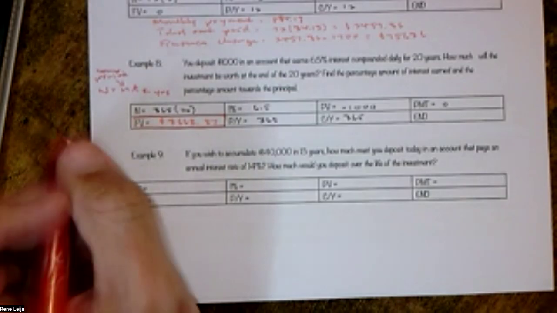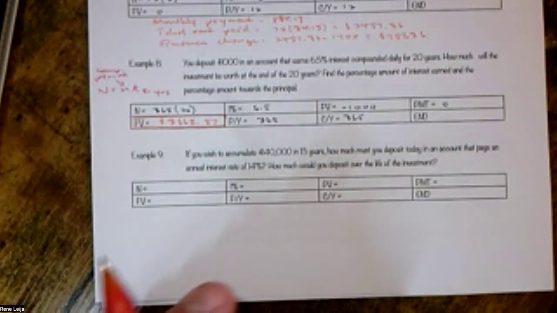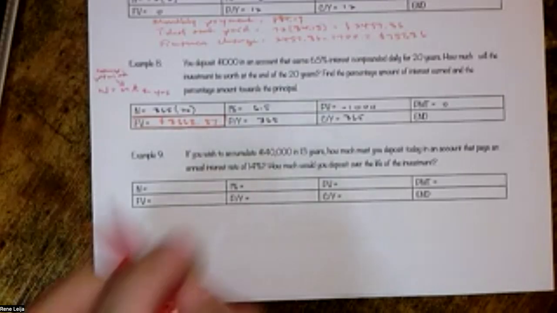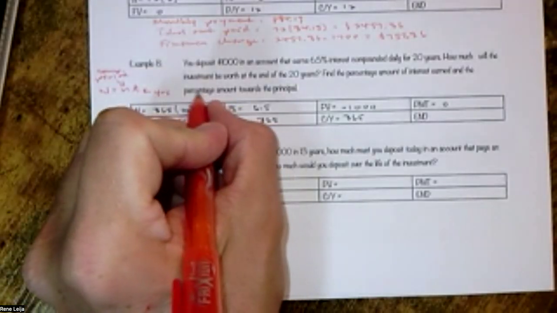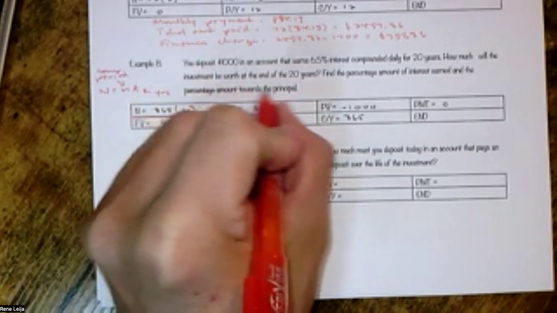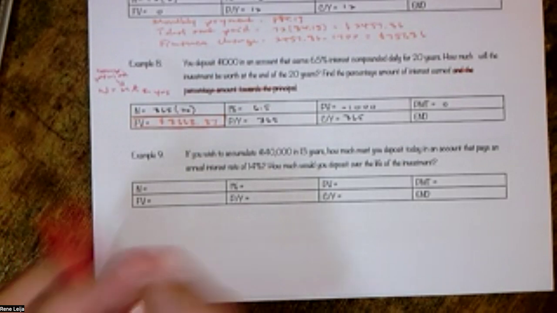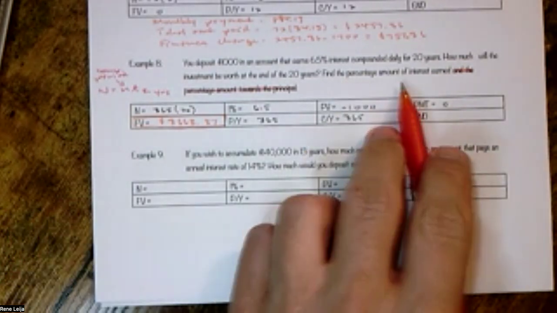Now, it says find the percentage amount of interest earned, and we don't need to worry about the percentage towards the principal because it's not that type of problem.